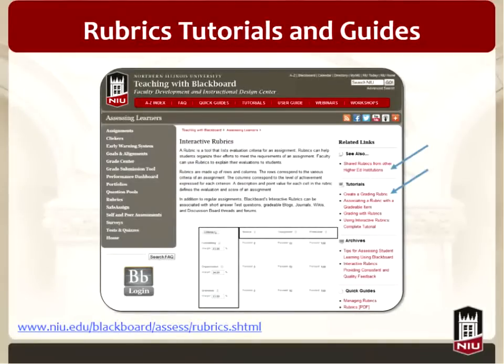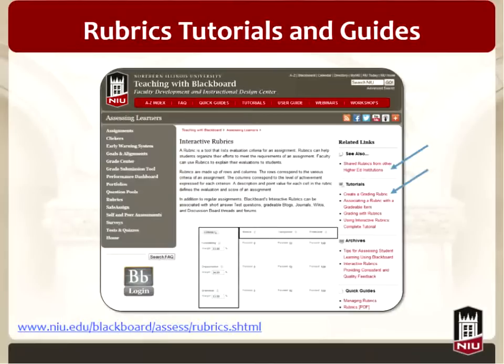Moving on, I mentioned before that we do have some sample rubrics. These were provided by Blackboard, but it was a collection of rubrics created by other faculty and instructors across the U.S., who were able to share the rubrics they created within Blackboard.